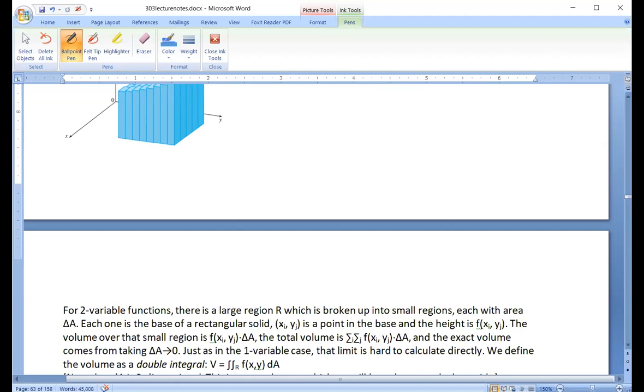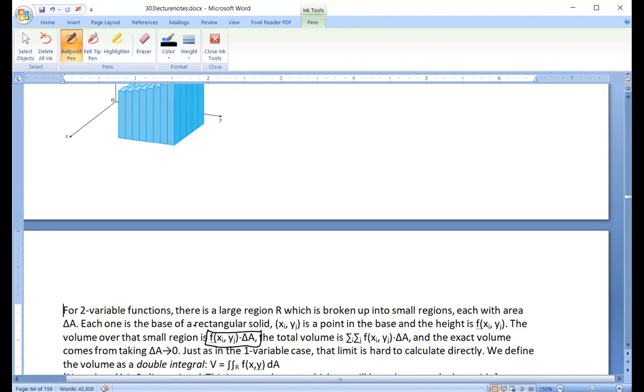There's a point in there, xi, yj, and the height that we're going to use for the rectangular solid over that little bit is f of that point, f of xi, yj. So the volume over that small region is f of xi, yj, the height, times delta A, the area of the base.